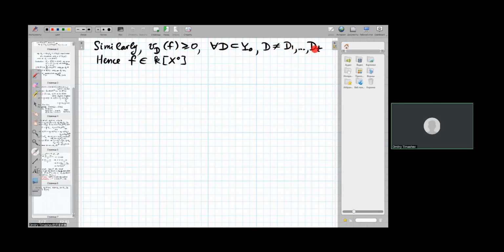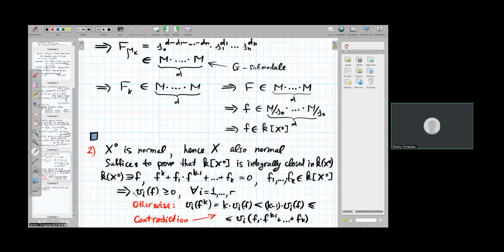So the proof of this line is the same as the proof of this statement.